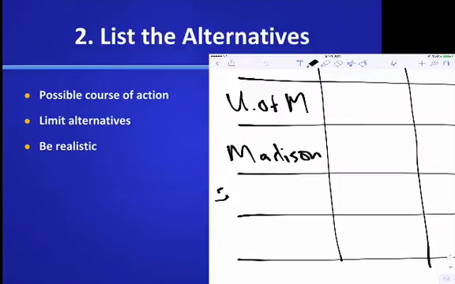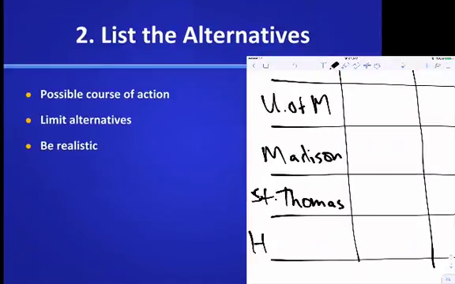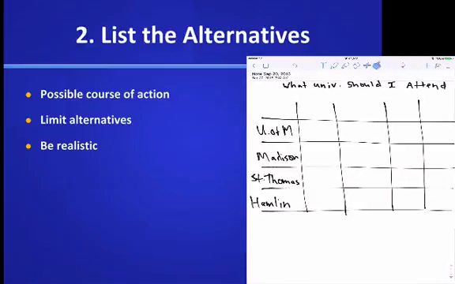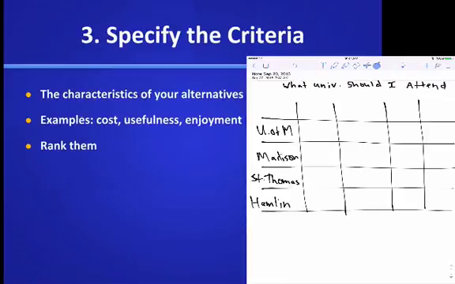We'll say St. Thomas. Okay, and Hamline. As I zoom this out, you can see here are my different alternatives. And now we are going to go on to step 3.